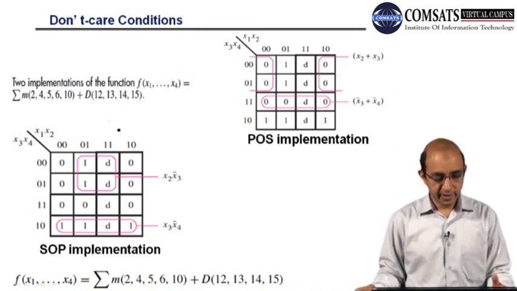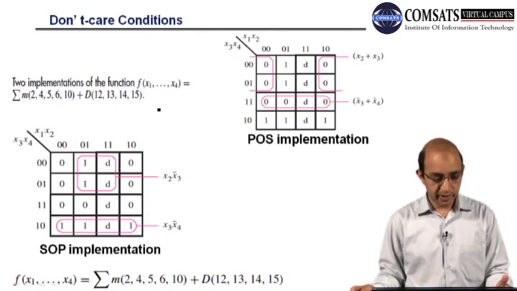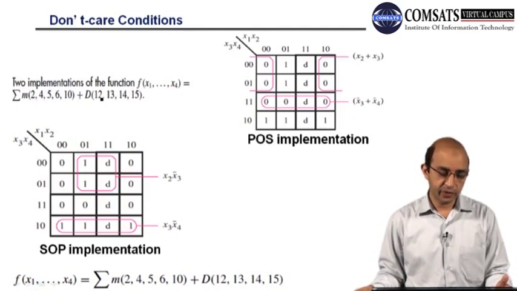So let's have an example. You can see that we have 2 different implementations of a Boolean expression. These are the minterms and these are the don't care conditions. The difference over here is that we have 2, 4, 5, 6 and 10, and don't cares we have 12, 13, 14, 15.